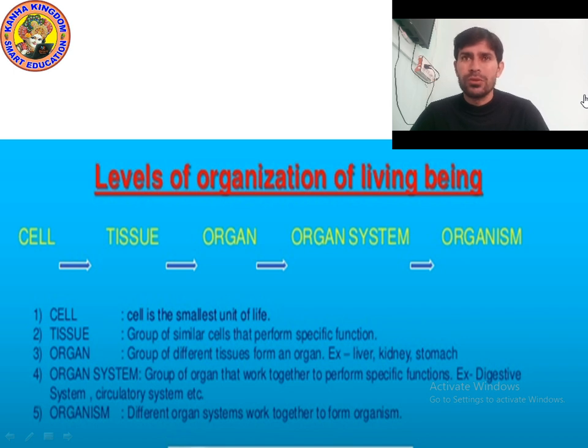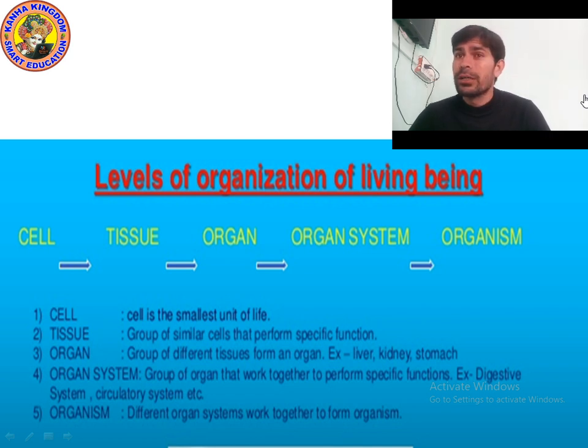Now what is organ? The group of different tissues which perform a specific function, like liver, kidney, stomach. Liver is an organ, kidney is an organ, stomach is an organ. They all are formed from tissue. Organ system. What is organ system?